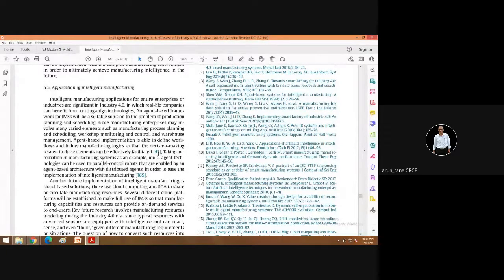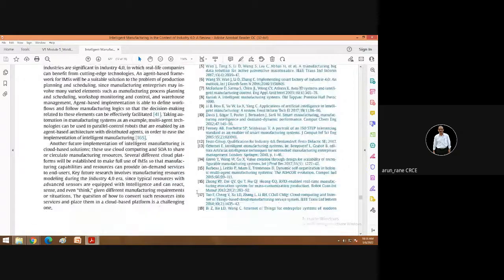You must give the reference, that these lines you have taken from this book or from this paper. So this is, say, 165, which means this particular para you have taken from reference number 165.